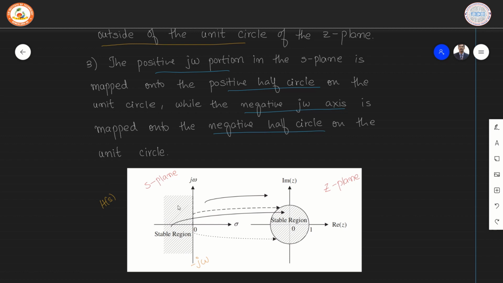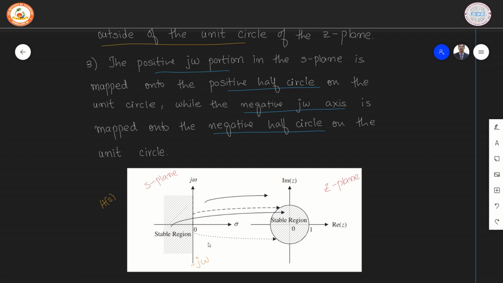According to point number 2, the region which is the unstable region that lies on the right side of the j omega axis maps to the exterior of the unit circle. So what is unstable in the S domain will be unstable in the Z domain as well.